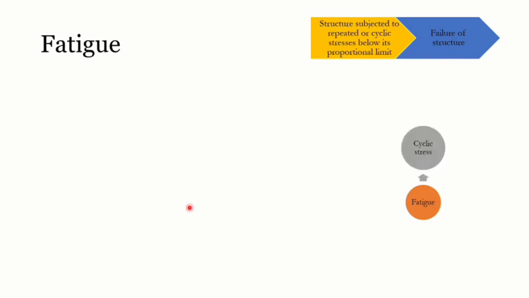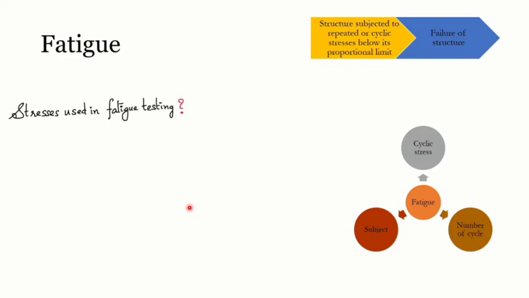Fatigue can be determined when a subject is put through multiple cycles of stress of a known value, and then you determine the number of cycles required to produce failure. This is how the fatigue test is done. The stresses used in fatigue tests are usually very low, and on repeated application there is going to be failure or fracture of the subject.